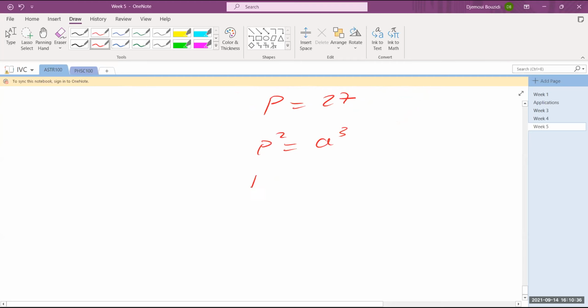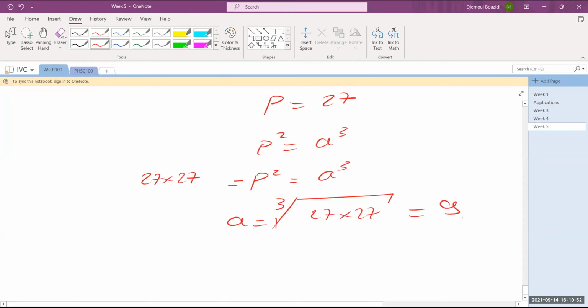Well, I know P squared, so I need to find a, where a cubed equals P squared. And P squared is 27 times 27. Then a is equal to the cubic root of 27 times 27, and this should actually be 9. It's easy to check why it's 9. Because 27 is 3 times 3 times 3, times another 27, which is 3 times 3 times 3.